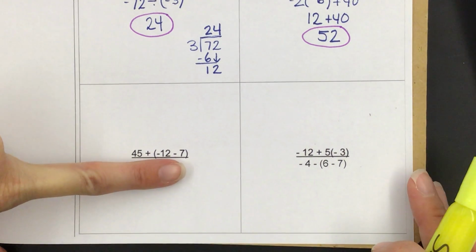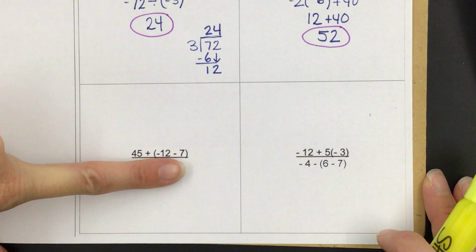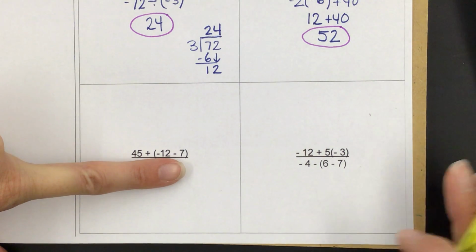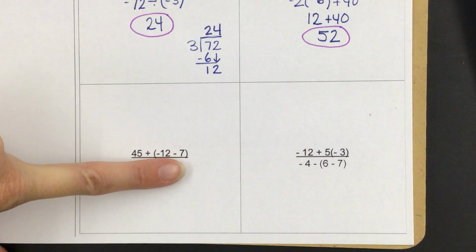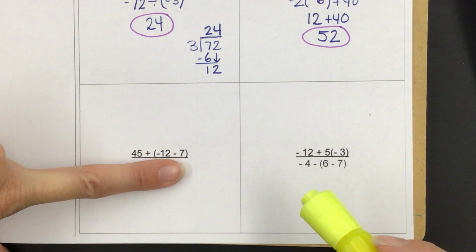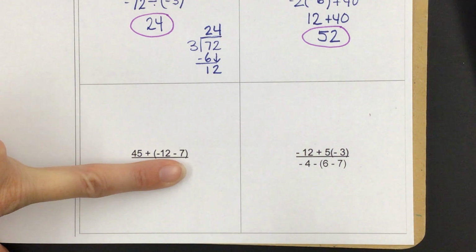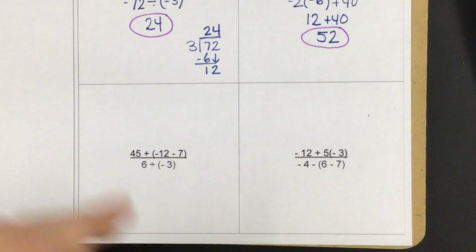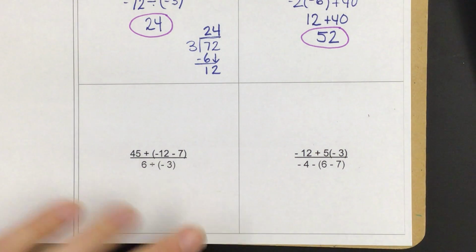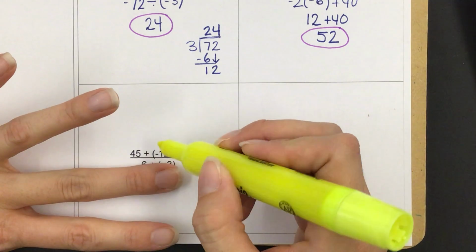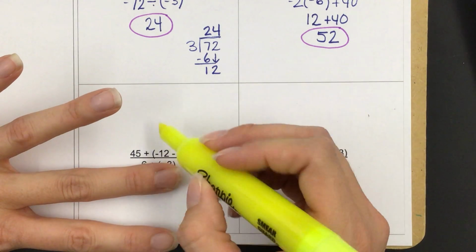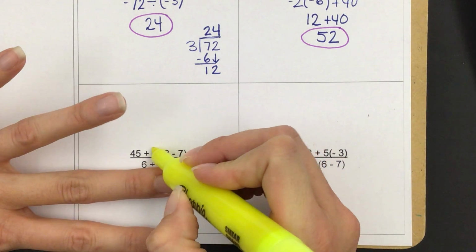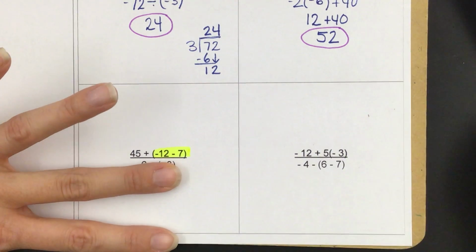So what operation am I going to perform first on that top? Yeah, and Chelsea? Okay, so you're saying this is the operation we're going to do first on that top.